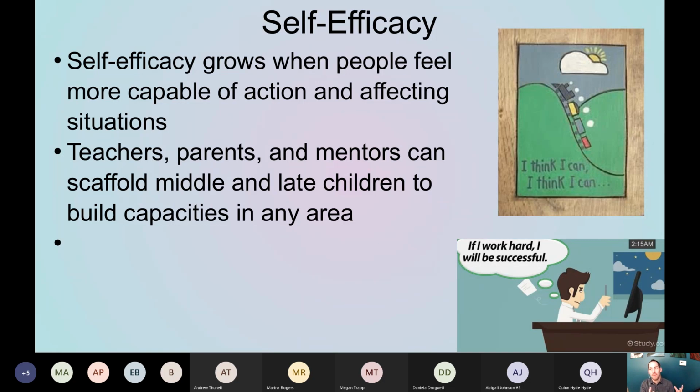Or with playing ukulele, maybe my capacity of what I can do is this big, and then what I can do with some help, maybe an app or a teacher, is a lot bigger.